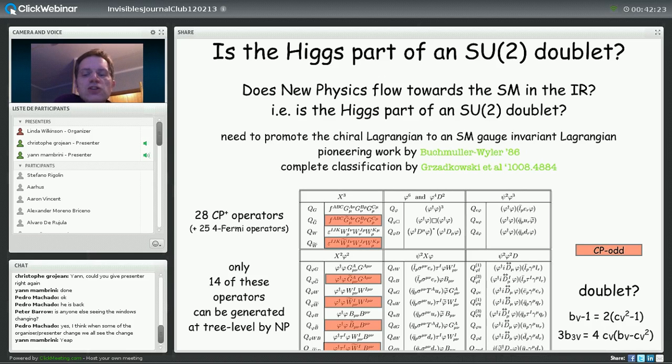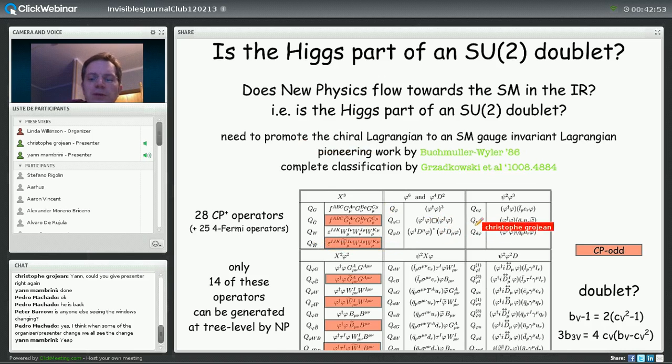And actually, a complete classification only appeared a few years ago in this paper from the group in Warsaw, where basically for the first time they introduced a minimal set of operators, which is not redundant. And there are about 59 of those operators. Nonetheless, not all of those operators are important for the physics of the Higgs boson.